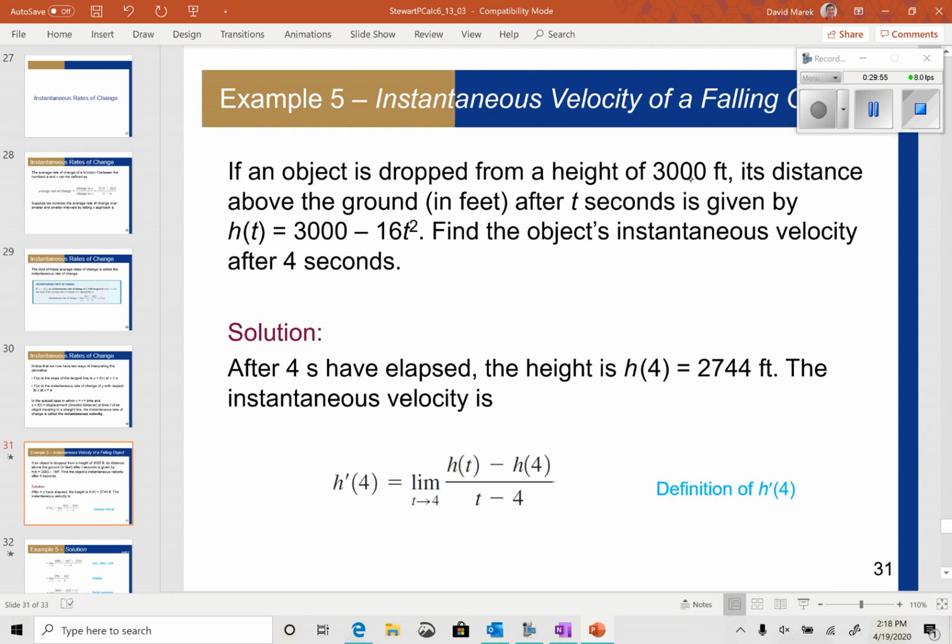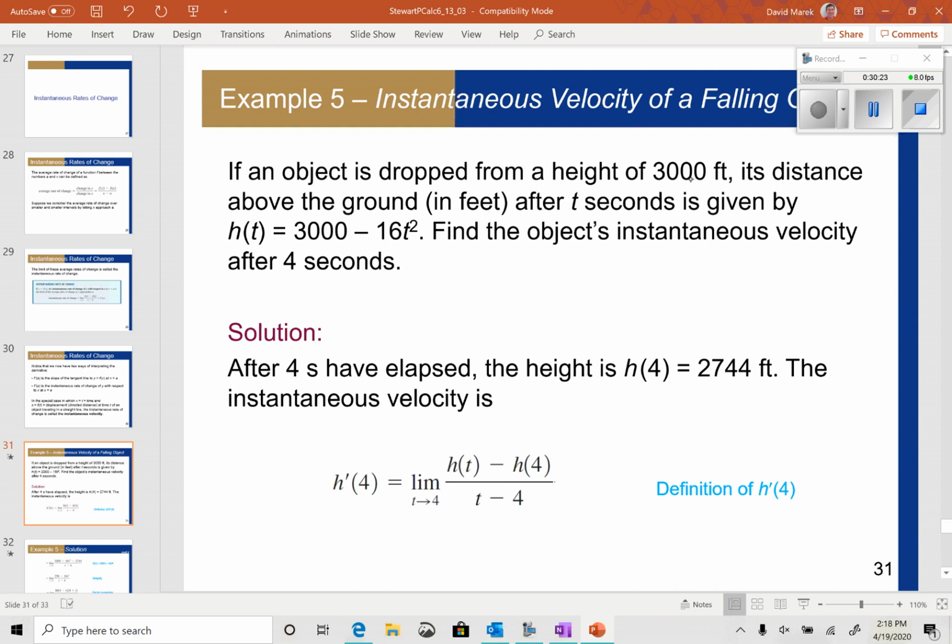Okay, so to find instantaneous velocity, we're going to take the function that they gave us here, this h of t, and we're going to find its derivative and find that value at 4. Oh, by the way, so basic substitution in there. H of 4 is 2,744 feet left to go.